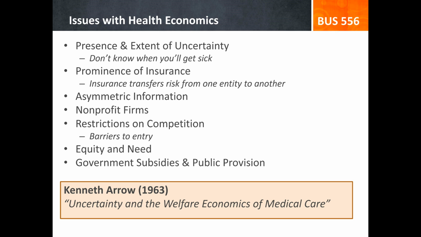So they may get a second opinion, but still, because there's so much asymmetric information, this one-way street where the doctor's telling me what to do and I'm sort of trusting them that they're right, costs end up being higher, because it's not like buying a car where I can go online and find out the actual cost of the car and then go to individual car places and see which one has the cheapest one. I can't do that in the healthcare market. And since that happens, healthcare costs go up.